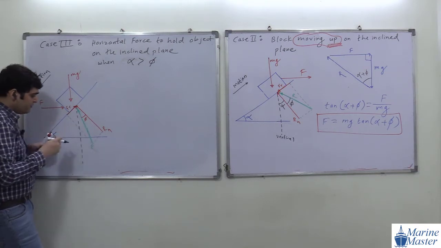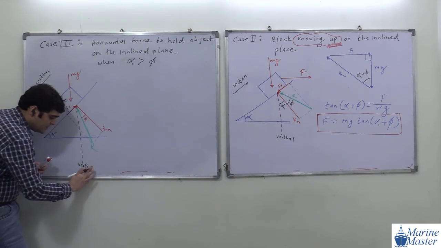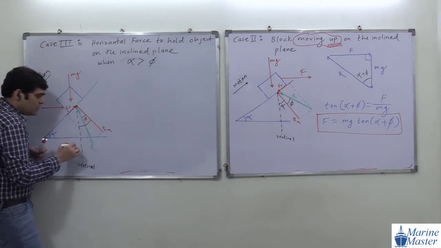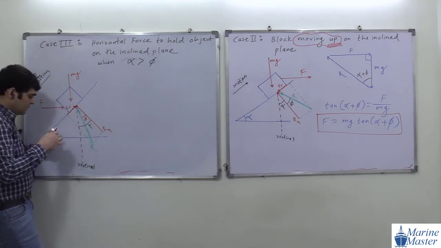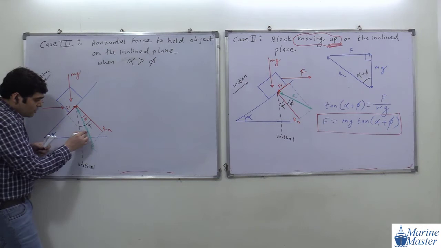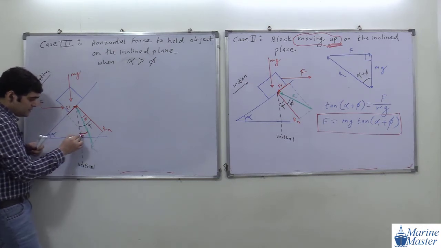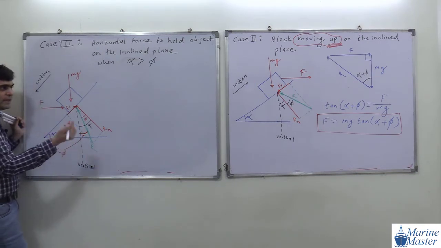Then Rn and the vertical: this is our vertical line. This angle is alpha. So this angle will be alpha minus phi. Okay, guys, are you getting my point?